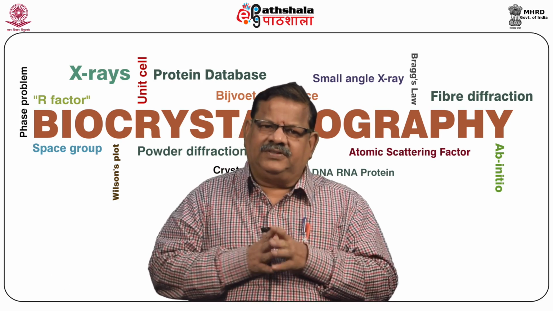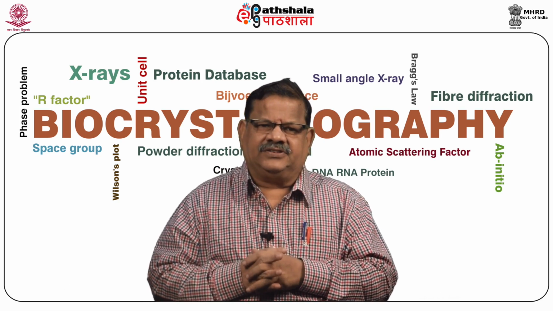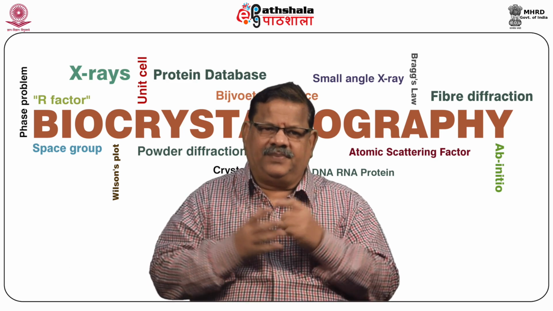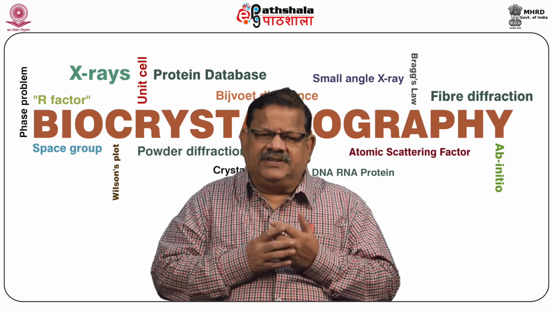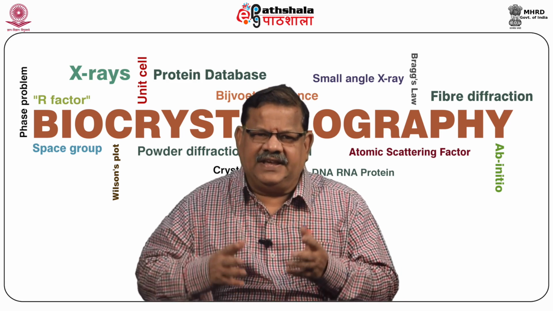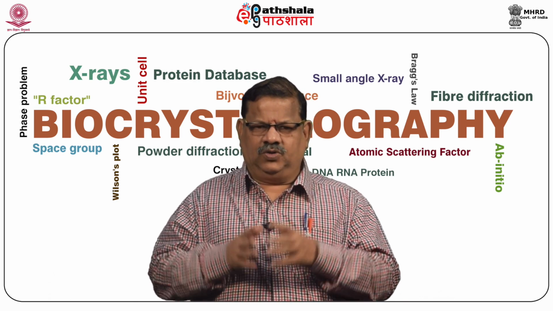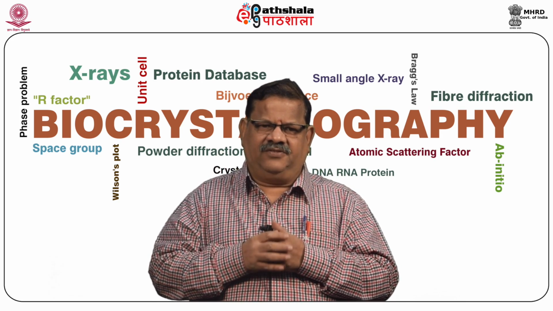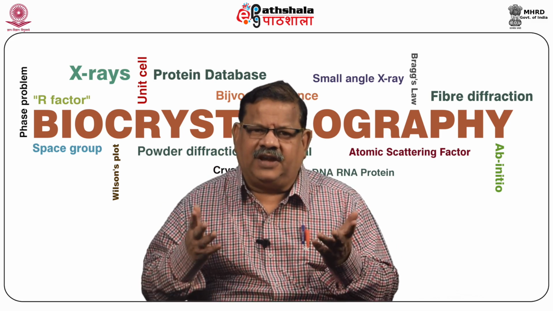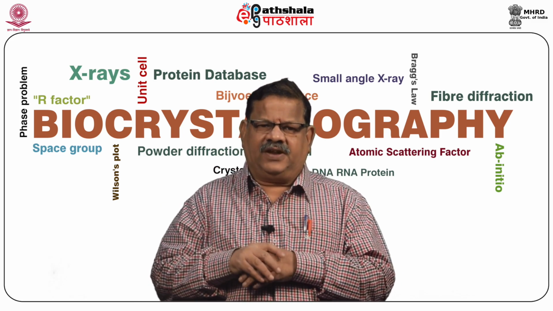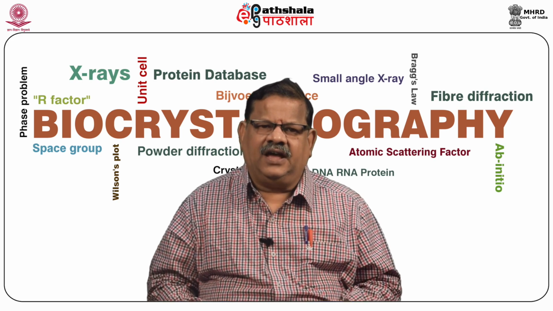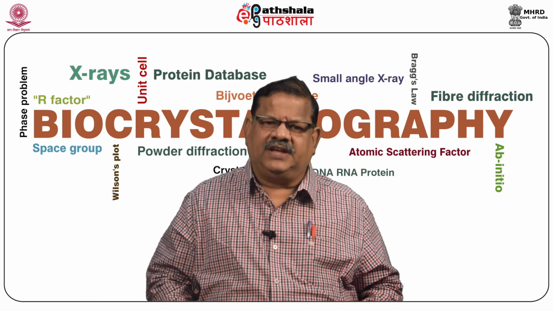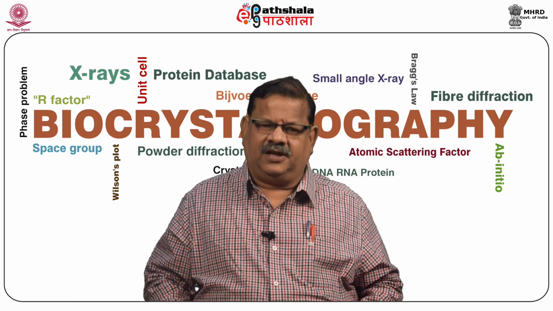Hence, the total path difference between the two rays during the diffraction is equal to DB prime plus B prime E, which is equal to d_HKL sin theta plus again d_HKL sin theta, equaling 2 d_HKL sin theta. The incident rays are X-ray waves, and similarly is true for the diffracted rays also. So the total path difference 2d sin theta for diffraction maximum should be integral multiples of wavelength. So 2d sin theta equals n lambda, that is the famous Bragg's law.